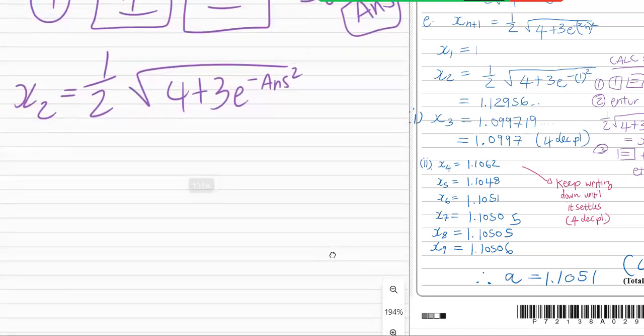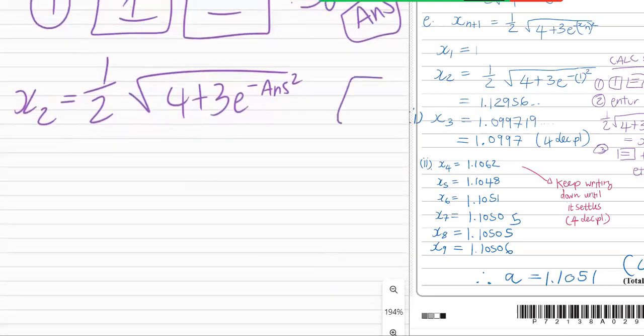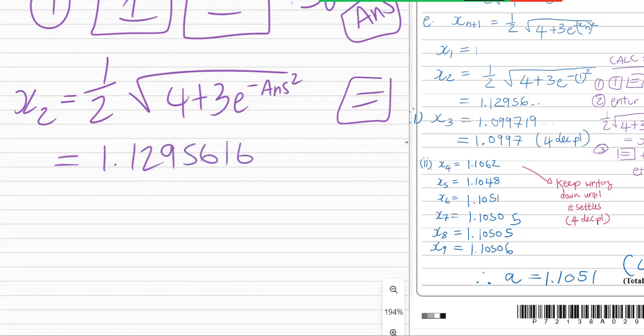As soon as you hit the equal sign here, you're going to end up with your x2. So I got my x2 as 1.129561676.